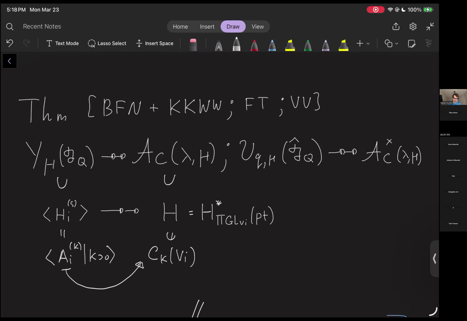The theorem, due to BFN, Kamnitzer, Kodera, Webster, Weekes, Finkelberg, Tsymbaliuk, and Varagnolo-Vasserot, with different parts of the results, claims that the Coulomb branch we discussed before is always a quotient of the shifted Yangian Y_mu of G_Q.